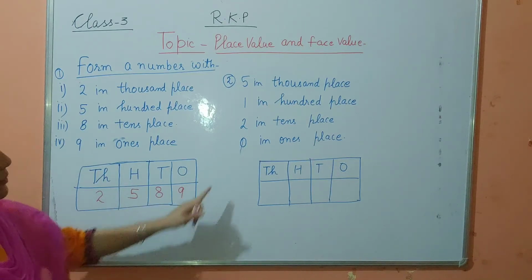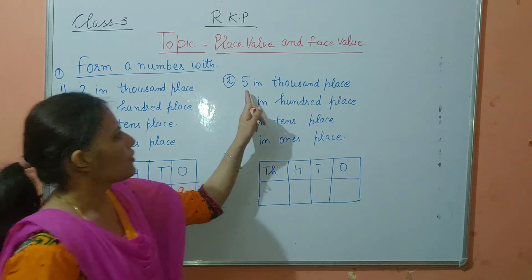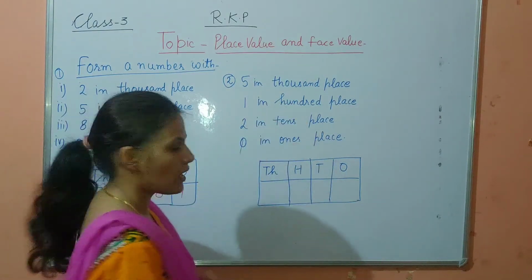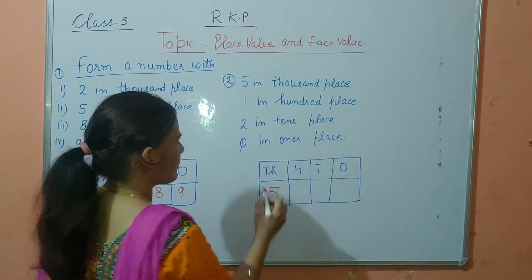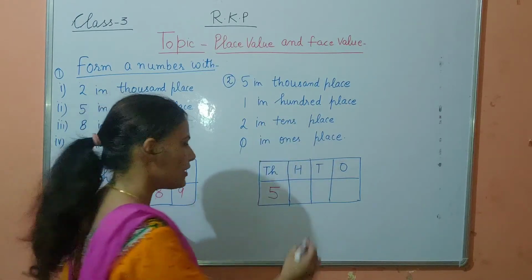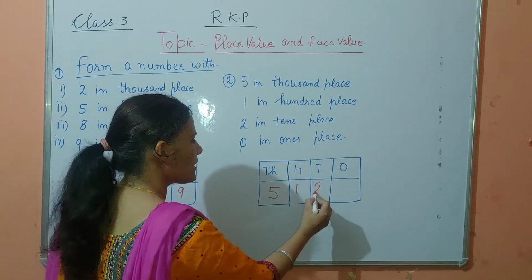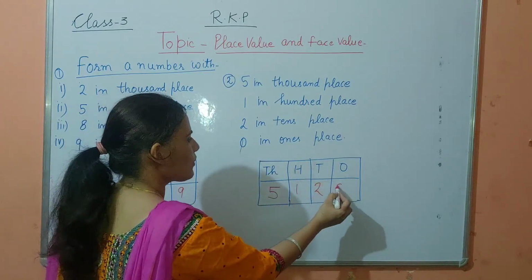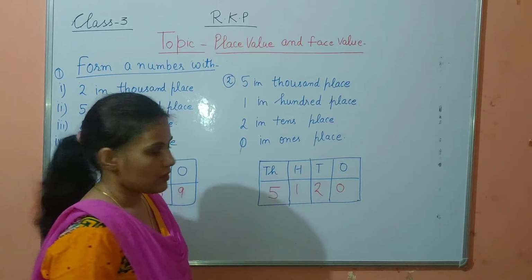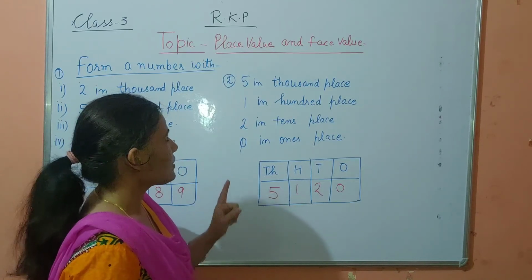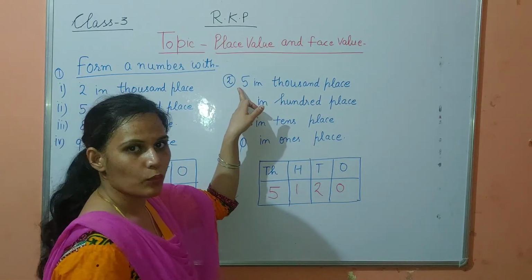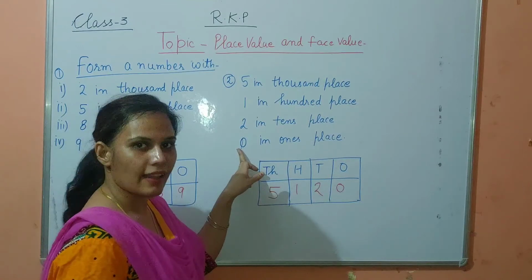2589. Similarly, 5 in 1000 place, 1 in 100 place, 2 in tens place, and 0 in ones place. Students, just remember, start from the topmost, not at the end.